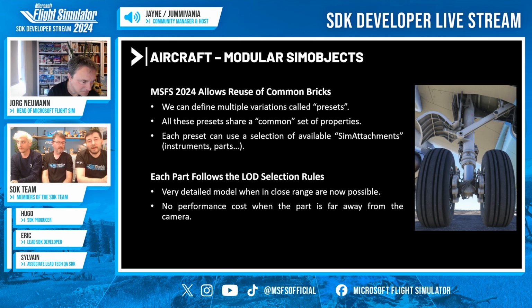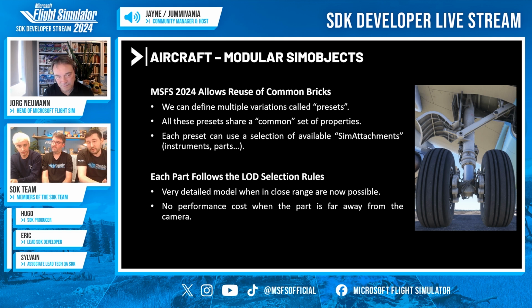As we mentioned before, every part in that hierarchy has its own LODs, and the LODs are processed individually. A very interesting behavior is, for example, if you have a very big twin jet airliner and the camera is on the left side, close to the engine, you want to display the engine with a lot of details and have it look as nice as possible.